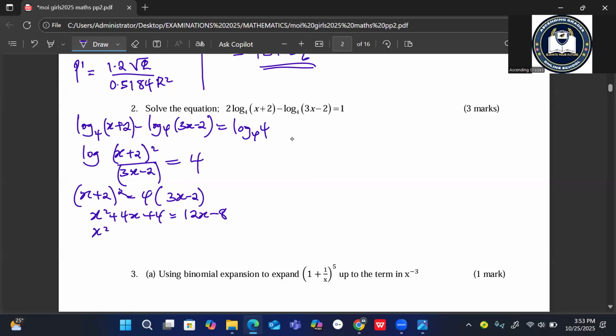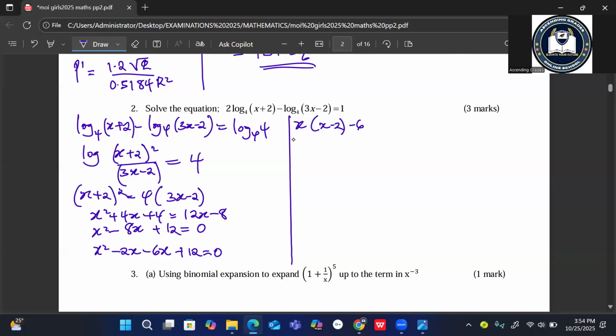So x squared minus 8x plus 12 will be equal to 0. So that x squared minus 2x minus 6x plus 12 is equal to 0. We collect like terms so that we have x into x minus 2 minus 6 into x minus 2 gives us 0.